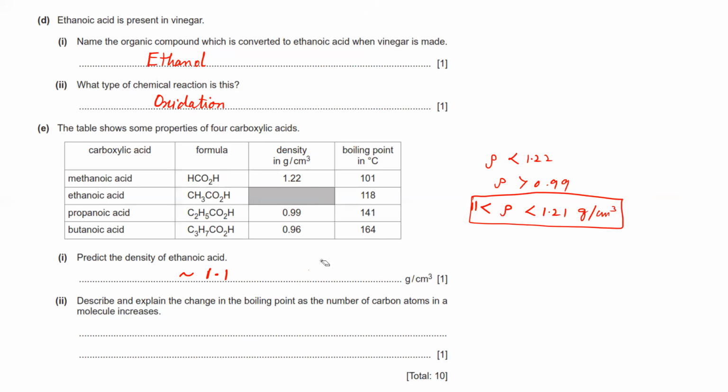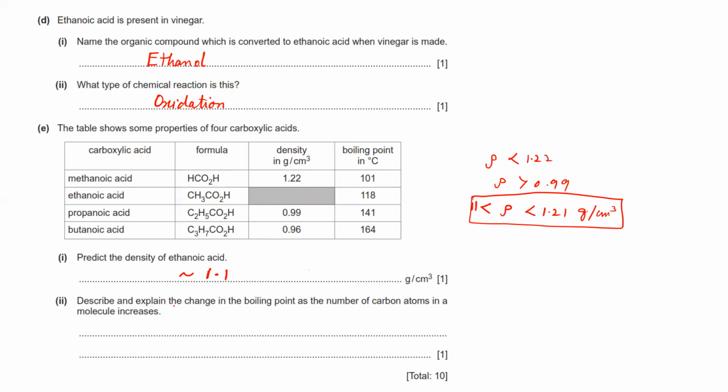Then it says describe and explain the change in boiling point as the number of carbon atoms in the molecule increases. Remember, the number of carbon atoms is increasing as we go down, so the boiling point is also increasing.